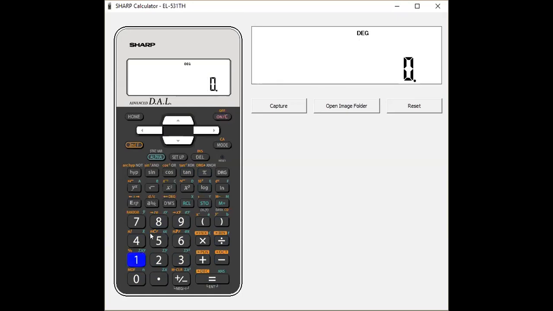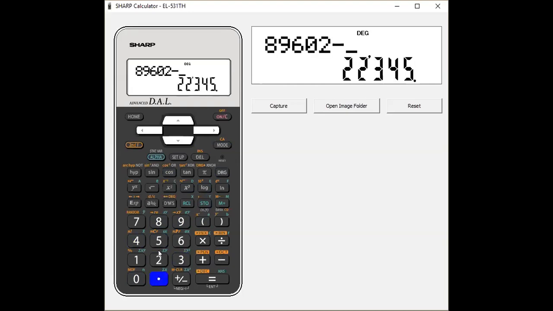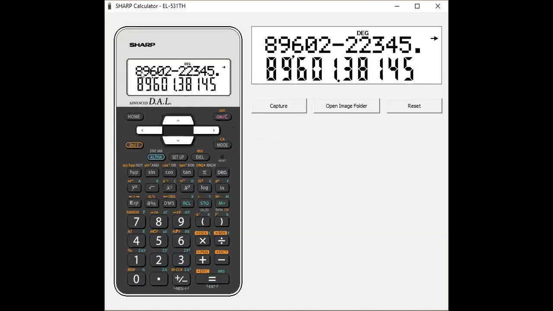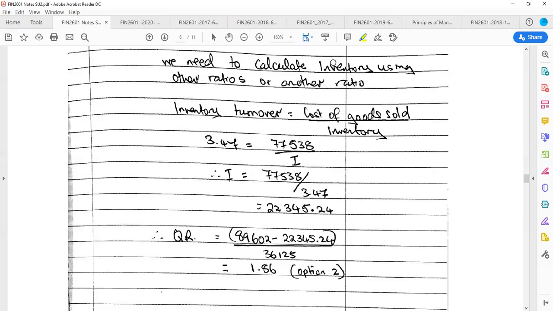Some students will incorrectly say 89602 minus 22345.24 divided by 36125. Now this is wrong. You see, the brackets were not put here. You need to put the brackets for the top part. You get the top part of the calculation, and then the answer for that is divided by the bottom part. So please make sure your calculator technique is fine.